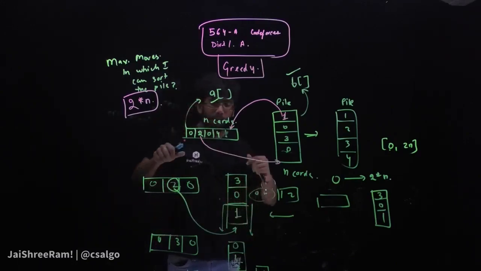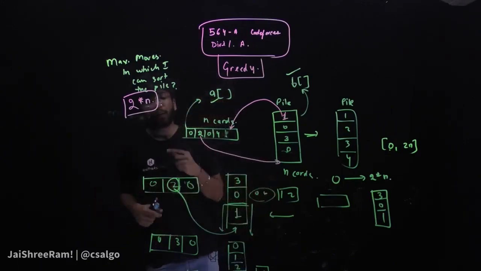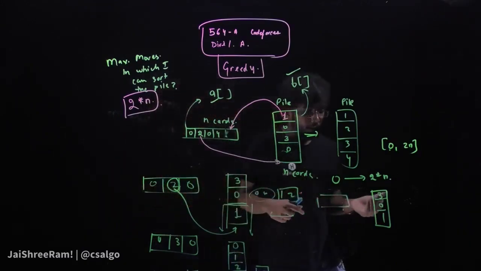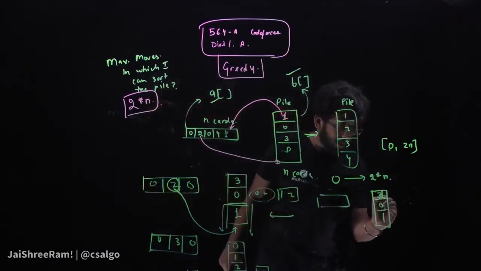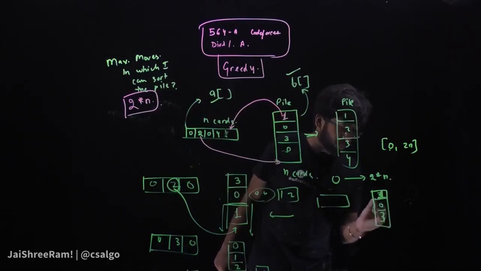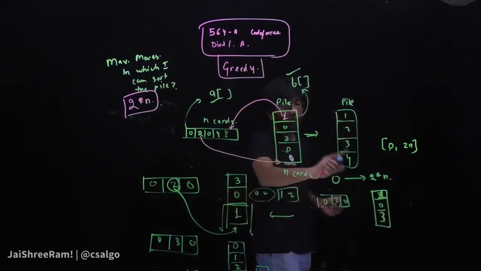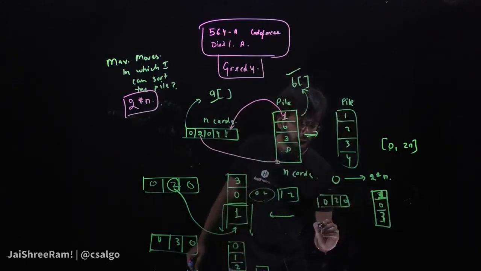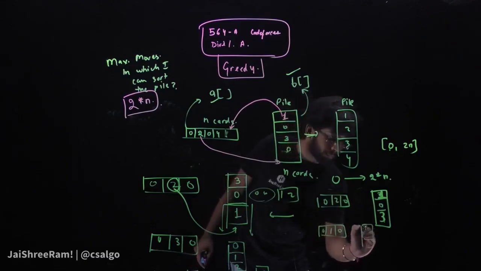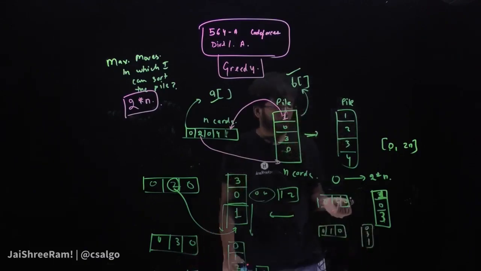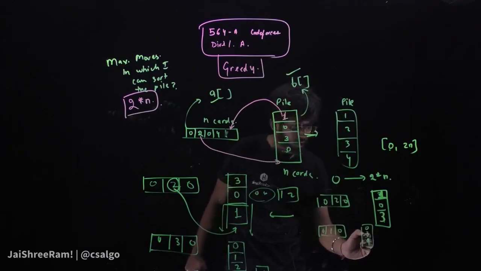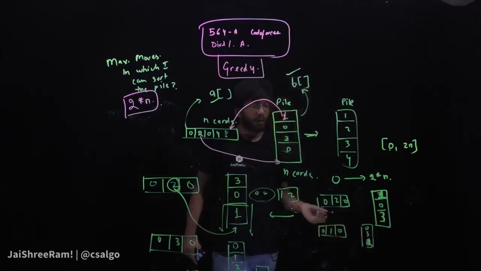But in one case you do need to start all over again, and this can be something like, if 1 is already at the top of the pile and you have 0, 2, 0, then you need to bring the 1 out of the stack, 0, 1, 0 and 0, 3, 2, anything like this.